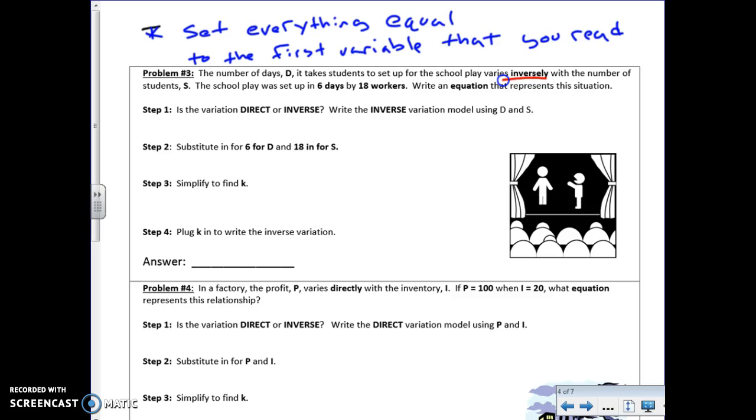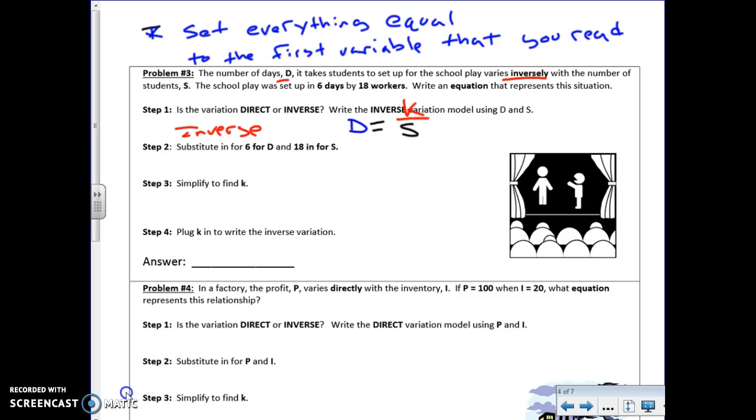But instead of y equals k divided by x, we're going to say d equals k divided by s. So d equals k divided by s. Again, we read d first, so that's what it was set equal to. We also said it was an inverse variation, so we'll write inverse.